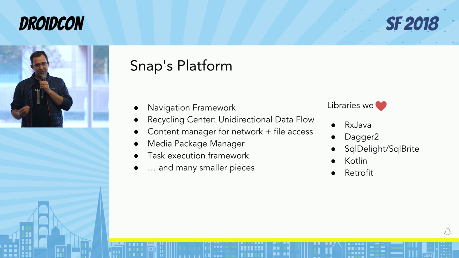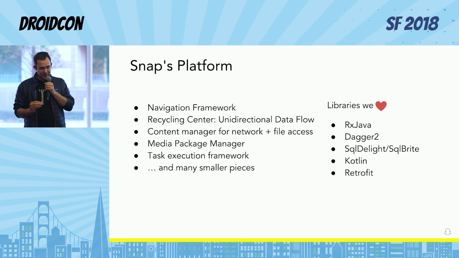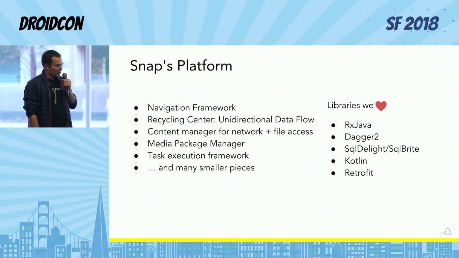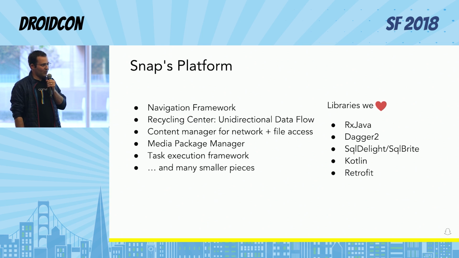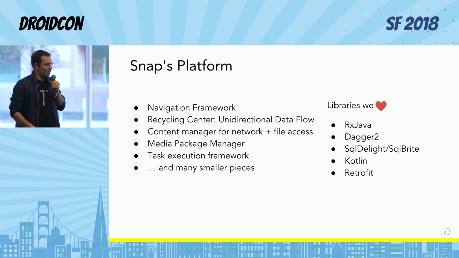Even though we got started before the navigation framework was announced at this year's Google I/O, I still think we would have had to do our own just because of the extreme nuances in our user experience. In addition to that, we have a framework for managing UI, mainly for recycler views, to load them as efficiently as possible. And also, we're a very multimedia-heavy app, so we have a couple of frameworks for managing multimedia, both loading and fetching, as well as processing for when you have a snap and you're applying your edits on top.